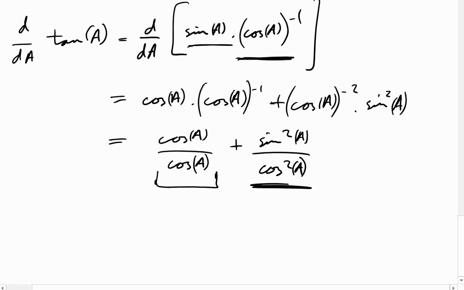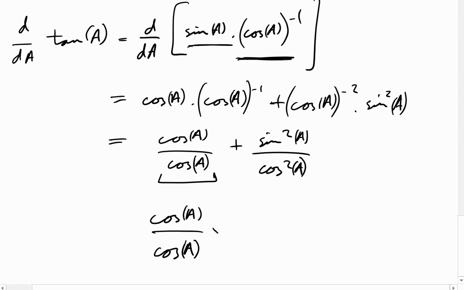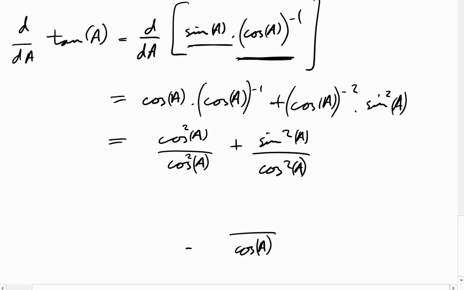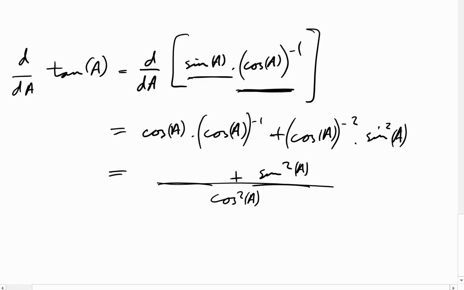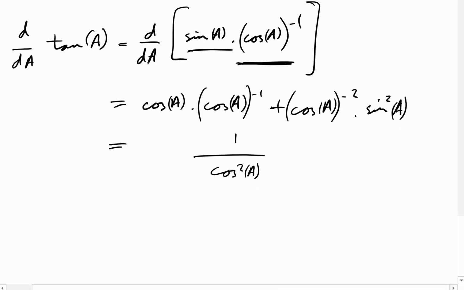So I multiply this first fraction by cos A over cos A, multiplying top and bottom by cos A, and this then becomes cos squared A over cos squared A. Then I can write this over the same denominator, cos squared A, and cos squared plus sine squared is just 1, so it becomes 1 over cos squared A. So the derivative of tan is 1 over cos squared A.